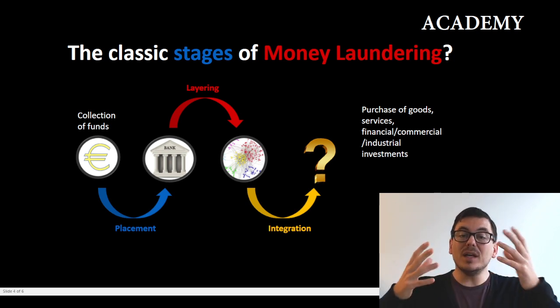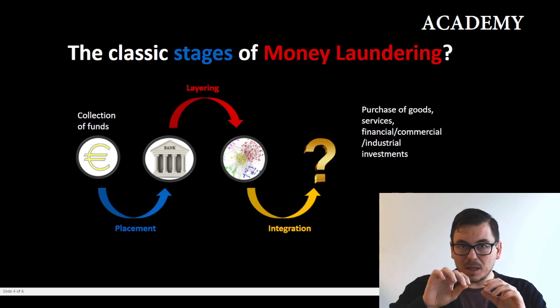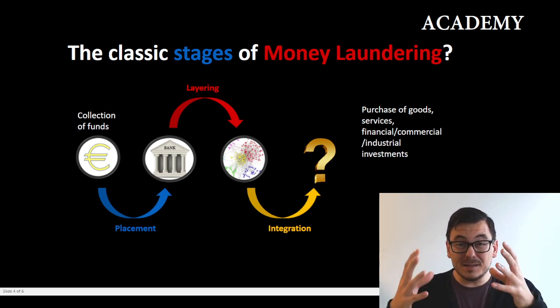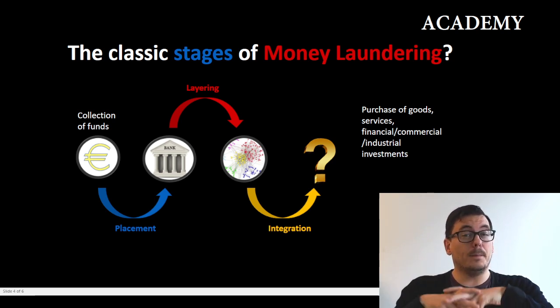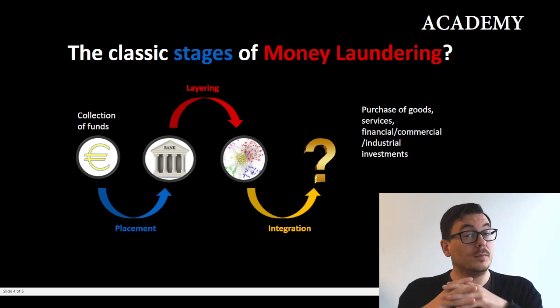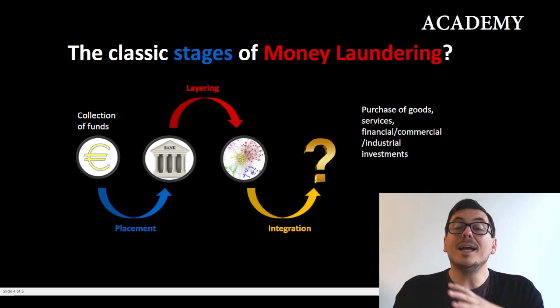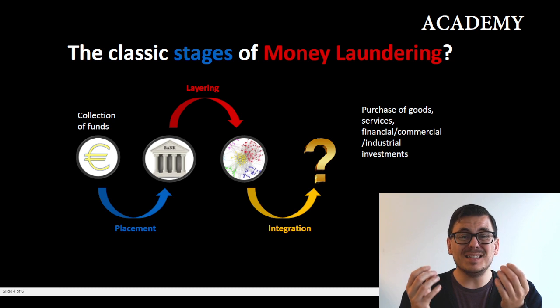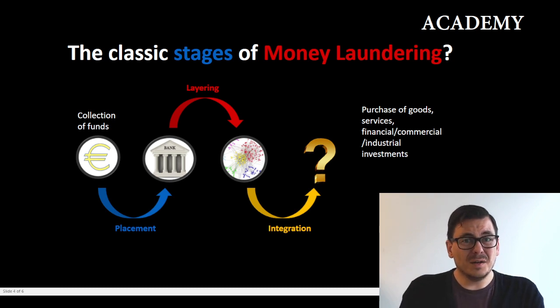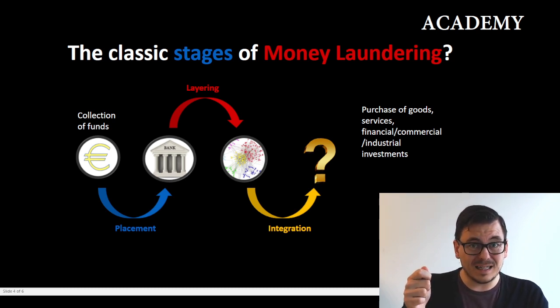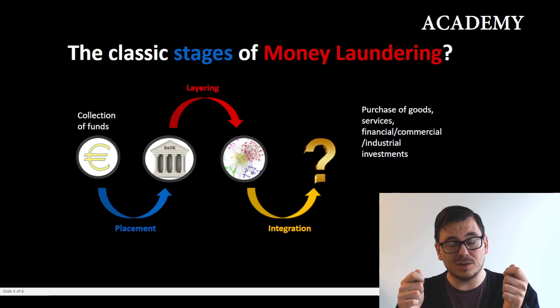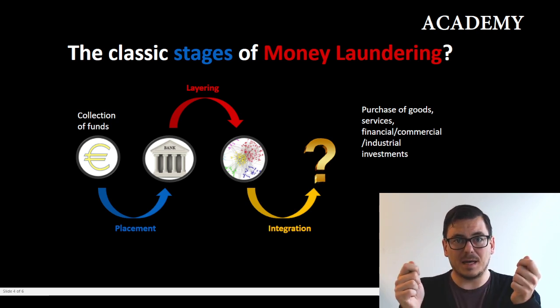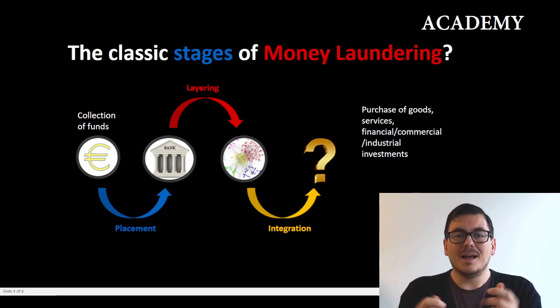So layering is all about sending the money back and forth, mixing it typically with a bunch of money that has pure legal origin. In that sense, it becomes harder because it's really hard to see if a 50 euro bill that is clean and a 50 euro bill that is dirty, if you mix them up and divide them again, what is what? In that sense, money is really easy to layer, disguise, and mix and match.